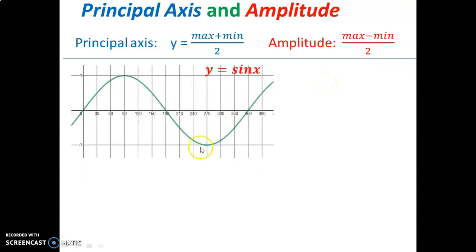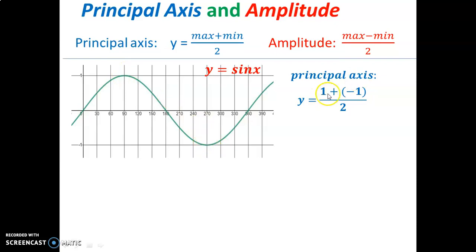Again, here's our basic sine curve, sine x. It begins at 0, goes up to 1, goes down to -1, comes back to 0. There's a sine wave. So let's find the principal axis. The formula tells us to take the maximum point, which on this graph is 1, and the minimum point, which is -1.